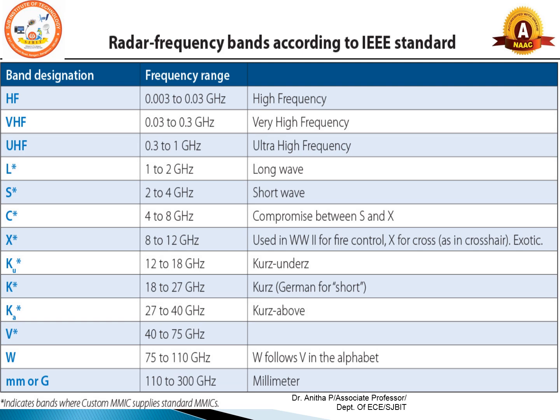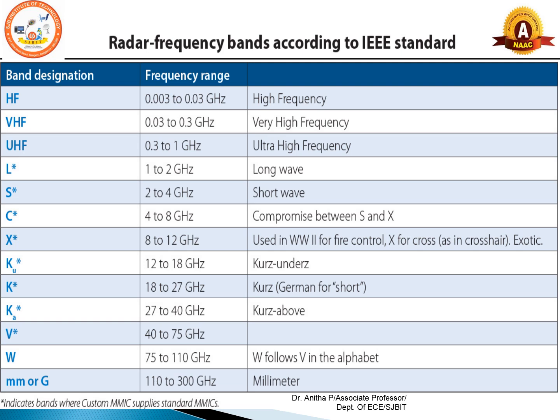Then from 1 gigahertz to millimeter waves, they have classified into different bands, with names like long wave, short wave, between S and X, different names which they have given. So the L band starts from 1 to 2 gigahertz, all these are in the gigahertz range, that is your microwave band. Applications in this come in the microwave region.